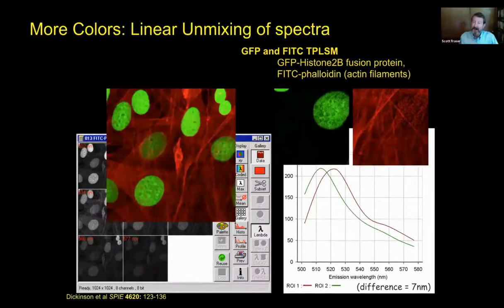You can see here the separation out of the GFP from the fluorescein, but you can also see one of the weak points. And if you use sort of eagle eyes, you might be able to see that in the region of red, that's the phalloidin labeled with FITC that's been pseudocolored red, then the region that the nucleus is, the noise in the GFP image is being imposed on the fluorescein image.